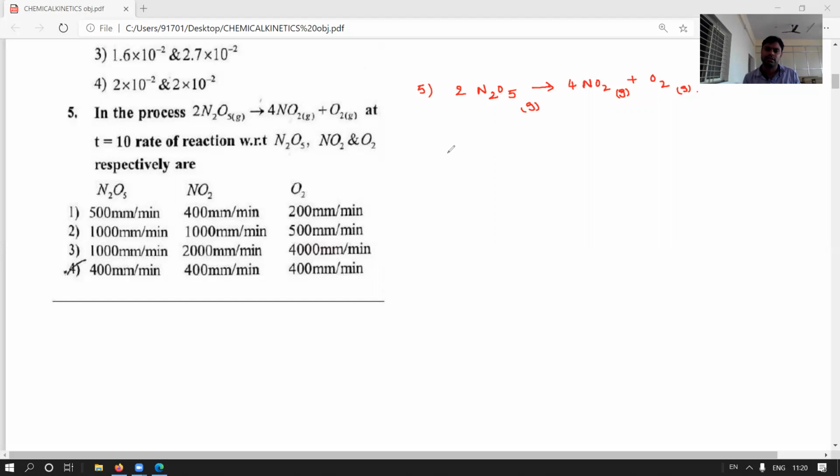In any chemical reaction, the rate of reaction is the same with respect to all reactants and products.